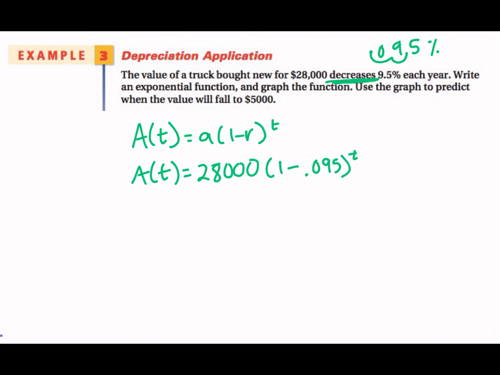So let's go ahead and type that in, either into our calculator or into Desmos, pull up the table, and we're looking for where it falls to $5,000. So we can't find it exactly, unless you're on Desmos, where you can. But using a graphing calculator, we notice after 17 years, the value of the truck is 5,100.